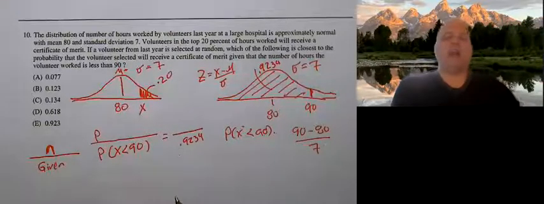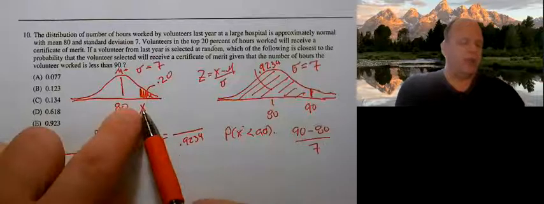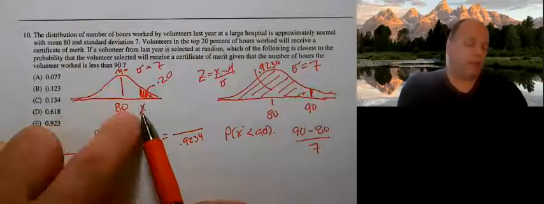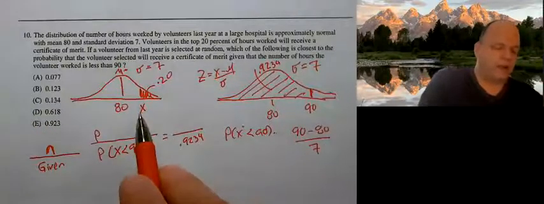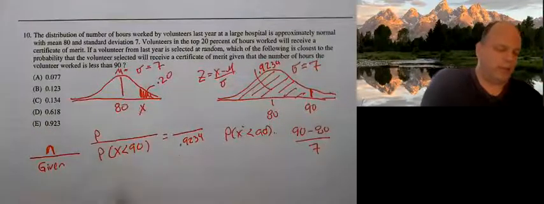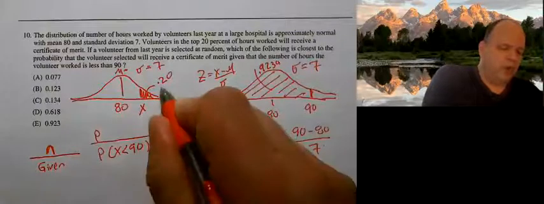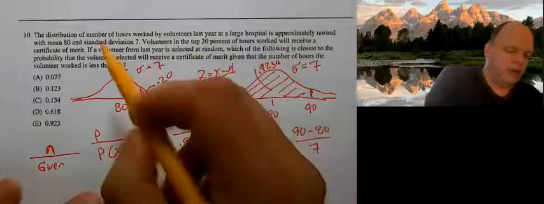But I need to know the likelihood, where does someone get an award? Well, they get an award if they make over X. Well, what is X? So I've got to calculate that value right there. What is that value? So 0.20, now remember our calculator works from left to right.